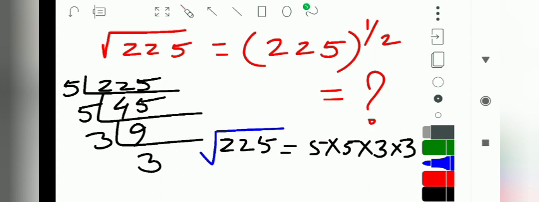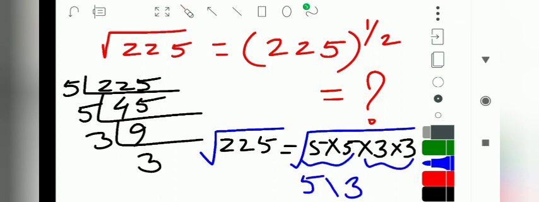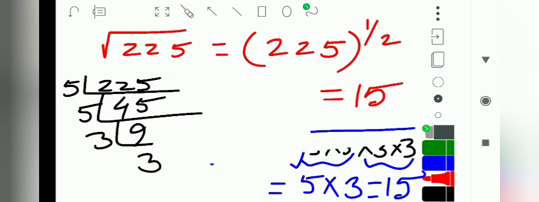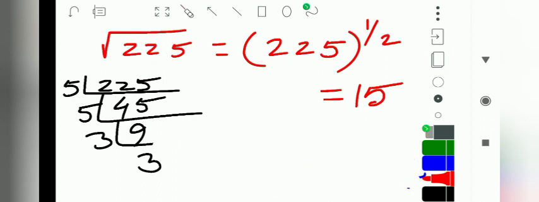Here every pair of 5 gives a 5, and from every pair of 3 a 3 comes out, and these 5 and 3 multiply with each other and give a result 15.